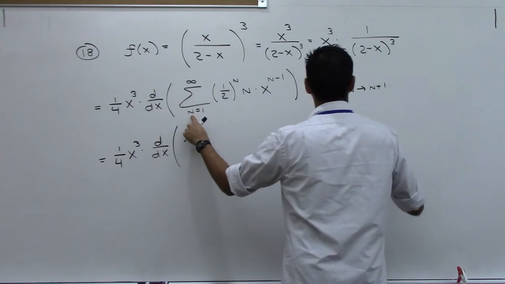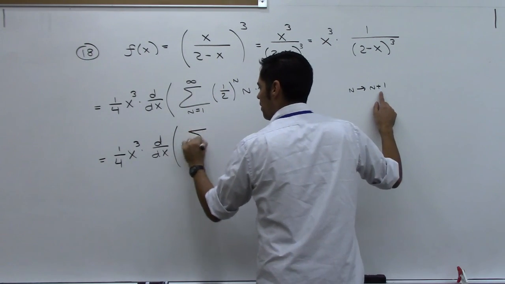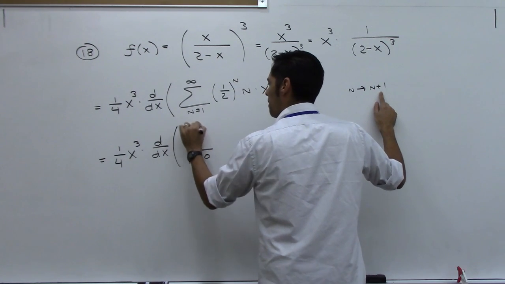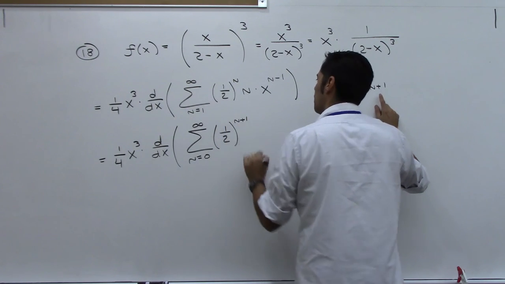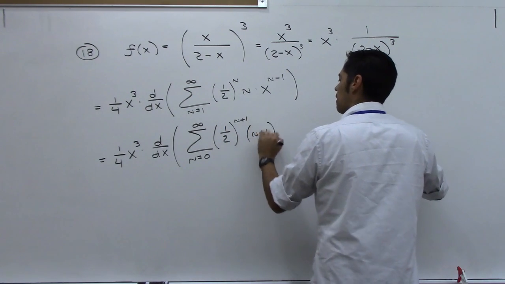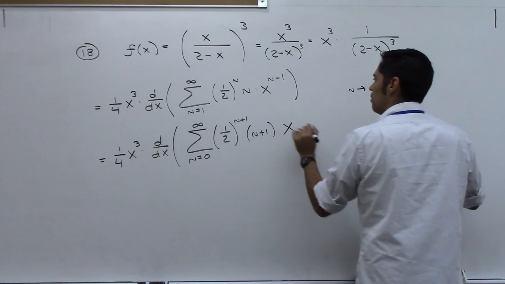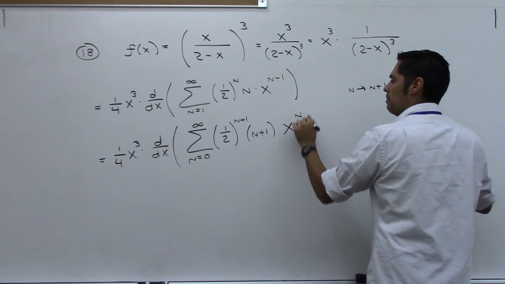If I replace that with n plus 1, this sum will now start at 0, go to infinity. It'll be 1/2 to the n plus 1, then it'll be n plus 1 here, and then x to the n.